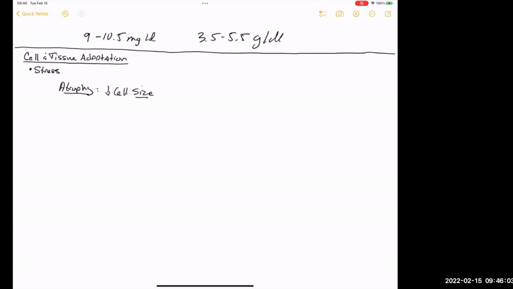So the cells are still there. It's just that their cellular compartments become smaller. They lose mass. Where do we see this? We tend to see atrophy when something is not being used.